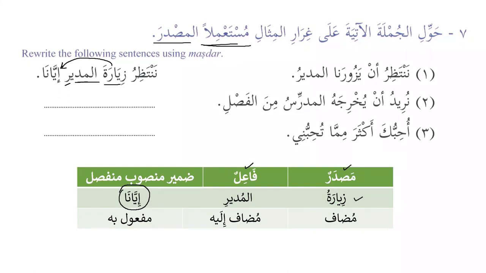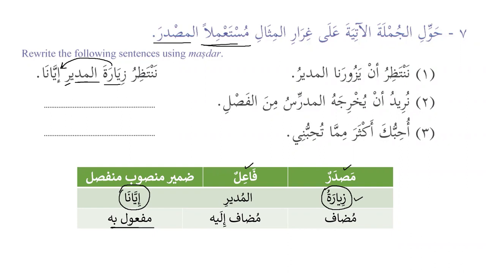So now we know that the masdar can also function as amil, and it can have its own object, used as maf'ul bihi. So here ziyaratu is masdar, al-mudir is fa'il, and iyana is maf'ul bihi, as we can see over here.